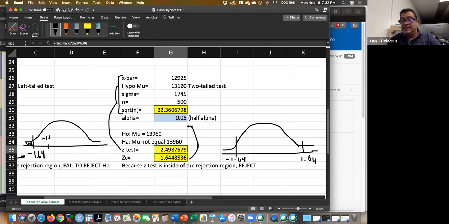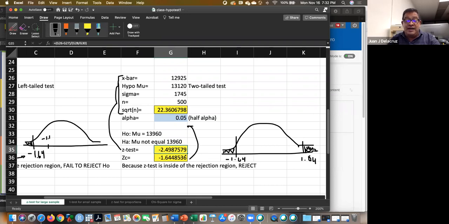Remember, this is a two-tailed test, so this is the rejection region on the two sides. If my test statistic falls within these rejection regions, we reject H naught. If it falls outside, we fail to reject.